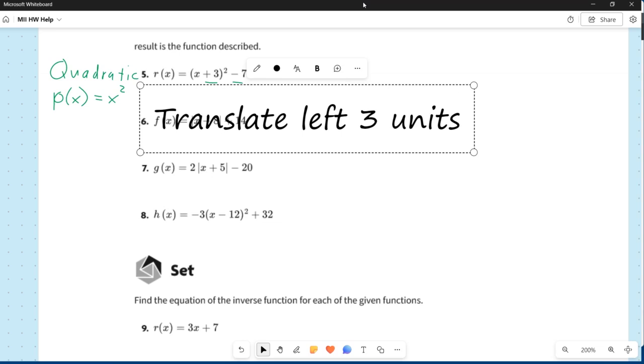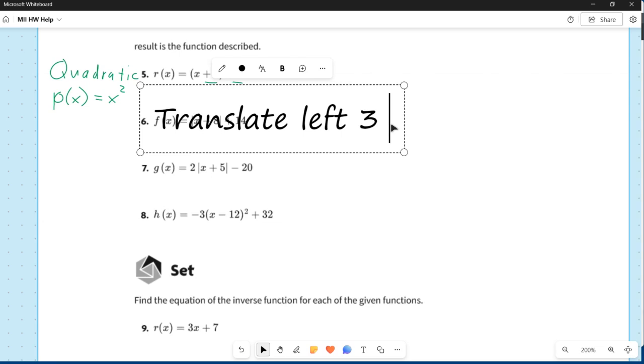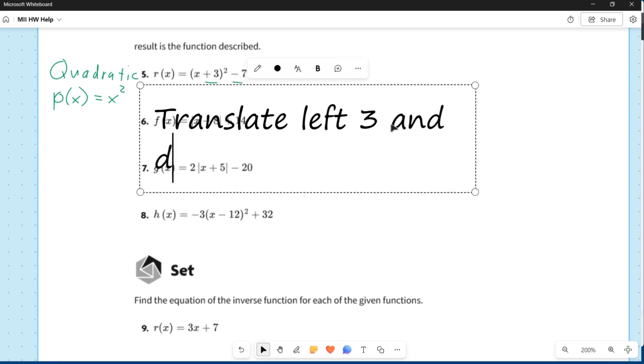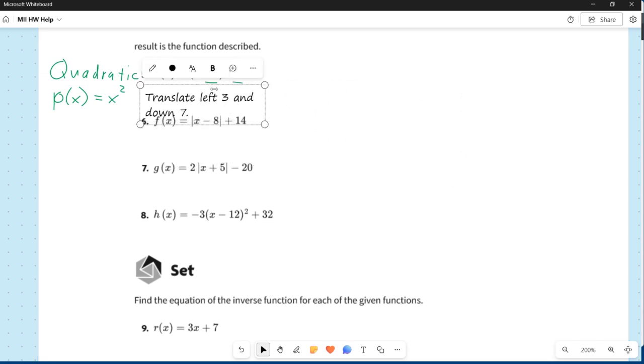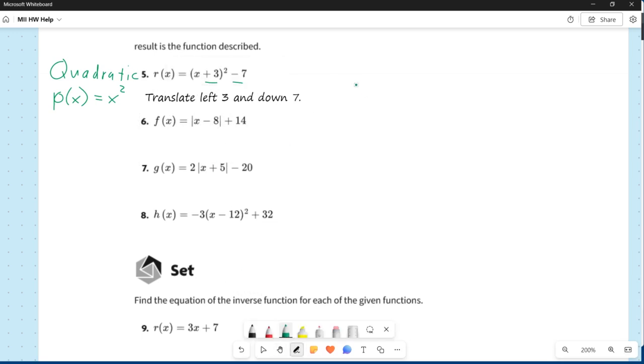And when it's minus a number, it's been shifted to the right. So we can translate left 3, actually we don't even need the word units. We'll just say translate left 3 and down 7. So to go from the parent function to r of x, we would translate left 3 and down 7.